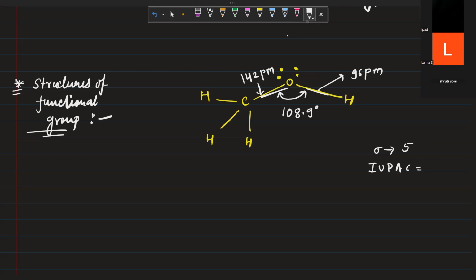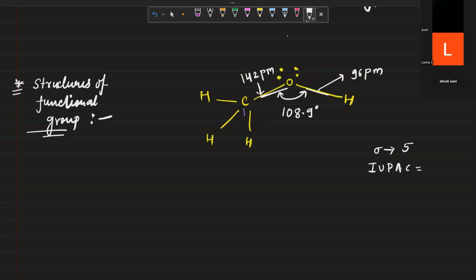The IUPAC name. It would be, so there's an alkyl group, right? Yeah, methyl. So methyl group. If you look at the longest chain, I guess this would be one, right?